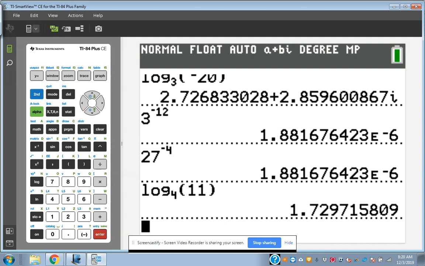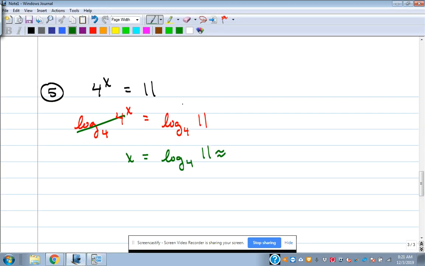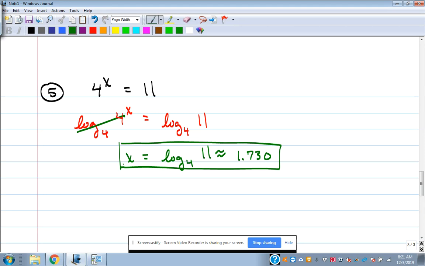So I'm going to go 3 decimal places. So 7, 2, 9. That 7 makes the 9 go up. So it'd be 1.730. So using that log base to get rid of the base so we can get that exponent out of it. That's the idea.